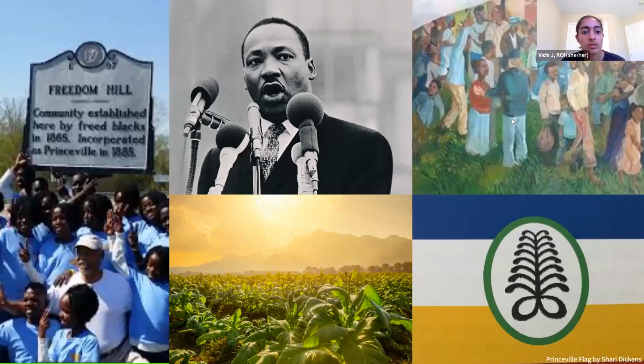A little more context about where we are. We have the great honor and privilege of living in and knowing rural Eastern North Carolina. It has a tremendous amount of history, probably way more than I ever could have imagined. As a couple of examples, Princeville is the first town in America incorporated by freed, formerly enslaved Black Americans after the Civil War.